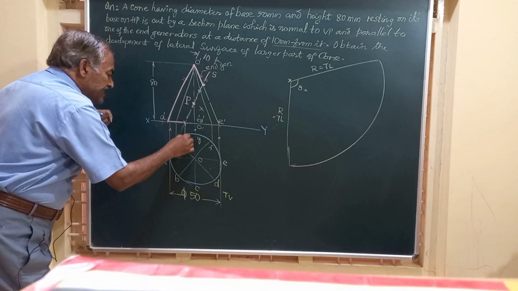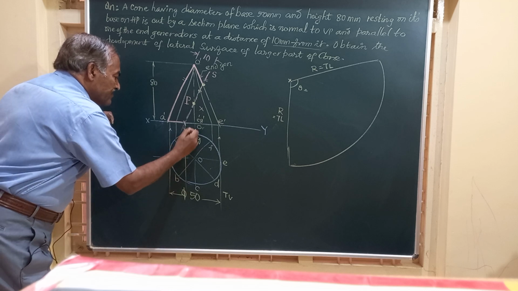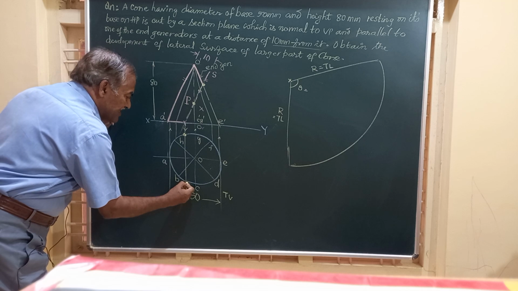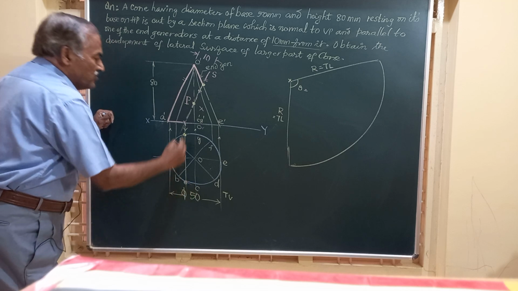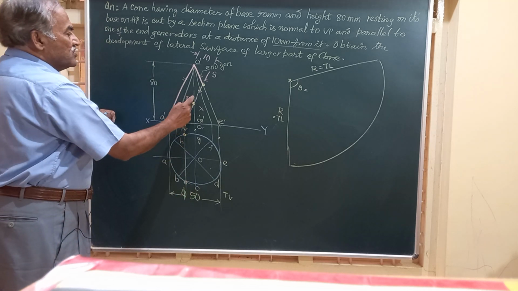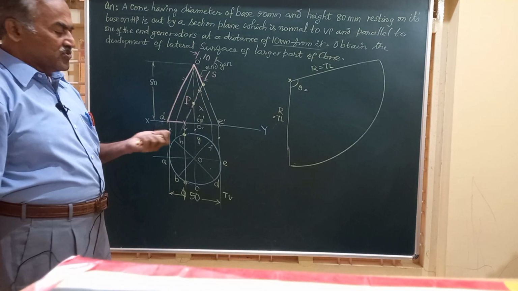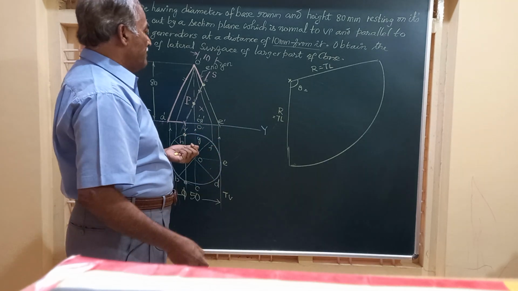To know where exactly it is cutting, draw a vertical line from there. It is cutting the periphery of that base at this point. So we have got 2 points here, 2 here, 2 here, and 1 here. Let's see how to obtain these points in the development.